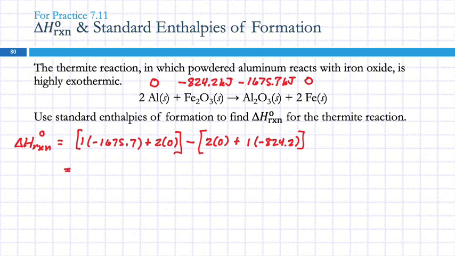So this is negative 851.5. This represents taking all the formation reactions and manipulating them and adding their heats of formation together.